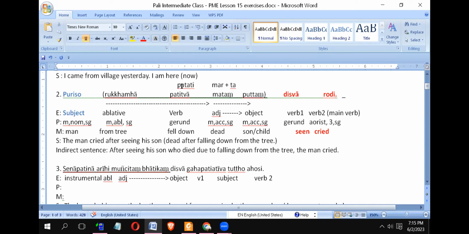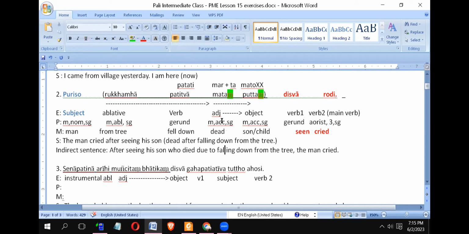That's why you don't see Matam as Mato. If I put Mato, then it would link with the Puriso. So it's written as Matam, which means it is linking with this Putam. You can put a color so that next time you understand this. So this one and this one.